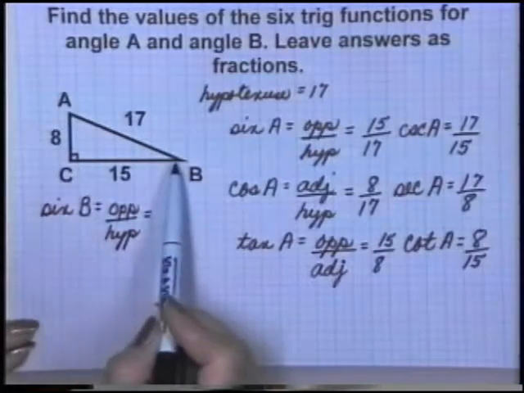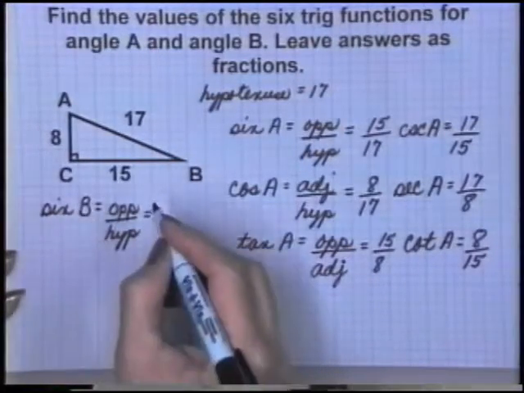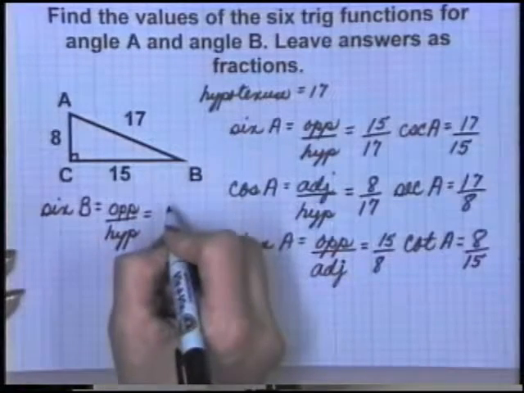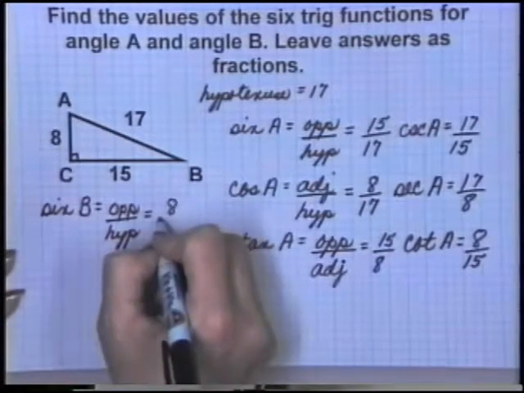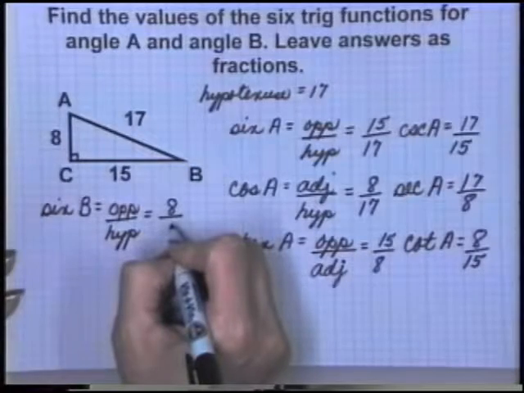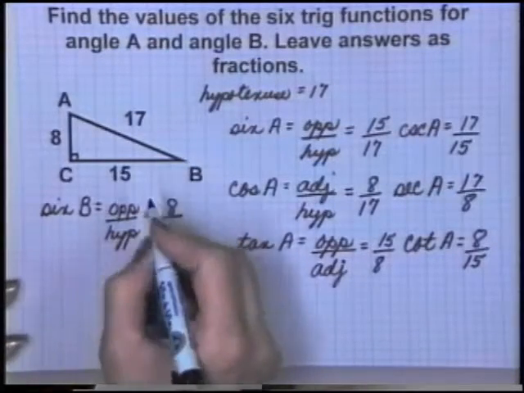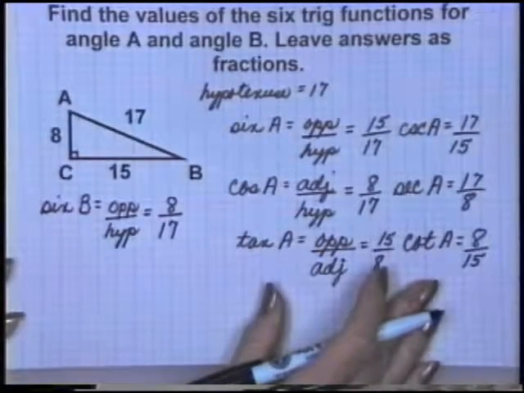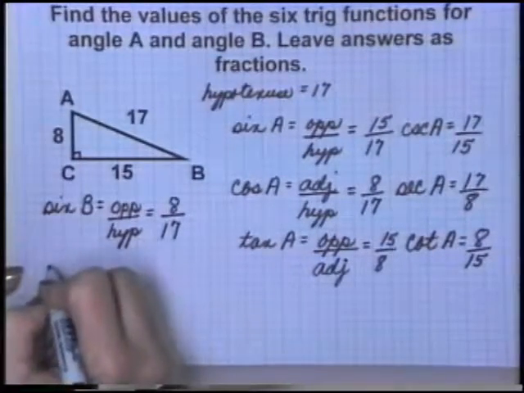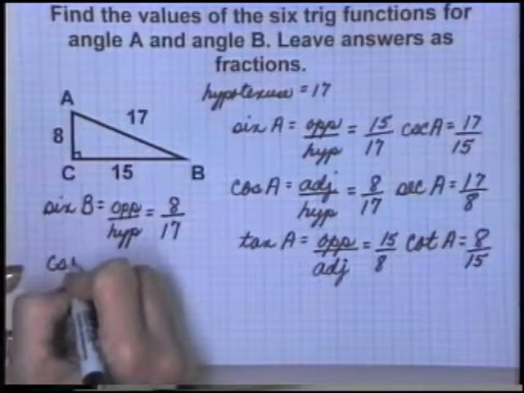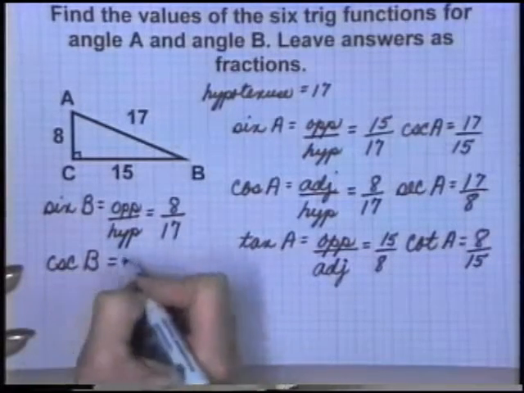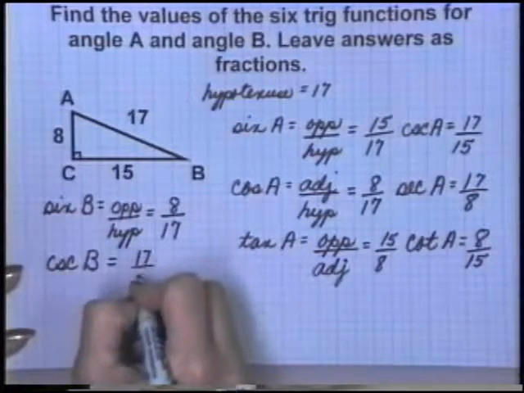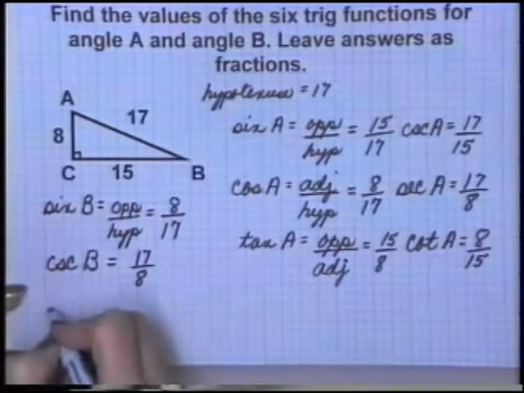Well, it's the leg that measures 15. So the sine of angle B would equal 8 divided by the hypotenuse, which is 17. And let's go ahead and write what the cosecant of angle B would equal. It would be 17 divided by 8.